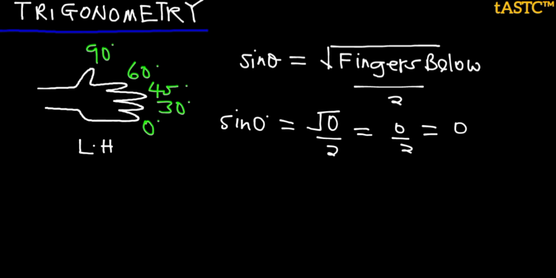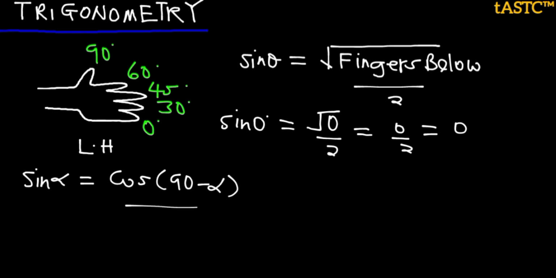Now there is something you need to know. You need to remember this. We said that sine alpha is equal to cos of 90 minus alpha. So if you were able to find the sine of an angle, you could actually find the cosine of the reciprocal angle.